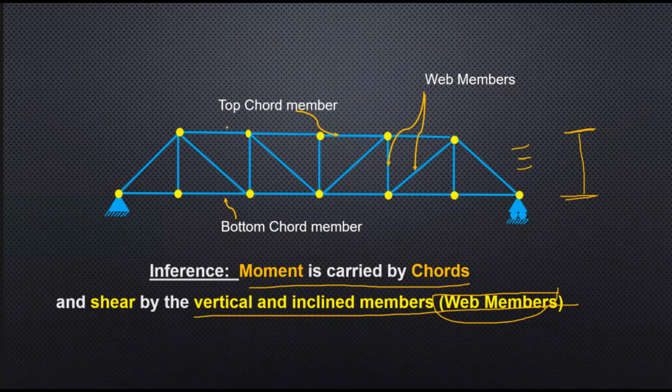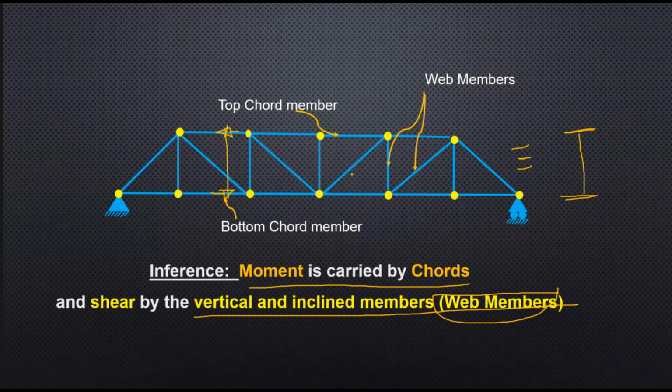We know the top will be under compression, and there is an opposite force in the bottom. They are separated by a distance. So when I have two forces separated by a distance, I will get a moment. That's why, taking the analogy, I say the chords take the bending moment.